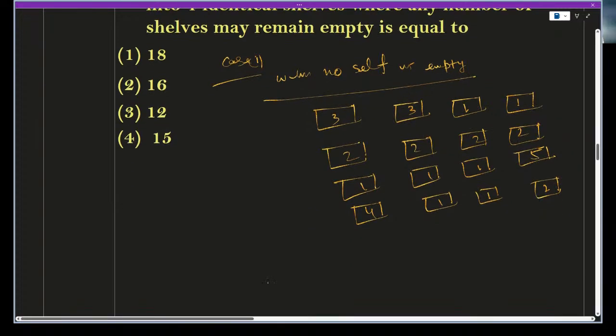Case 2. Let me do it in brief. When one shelf is empty.